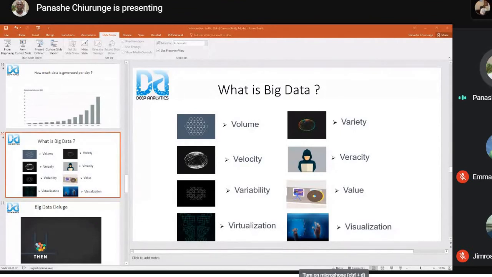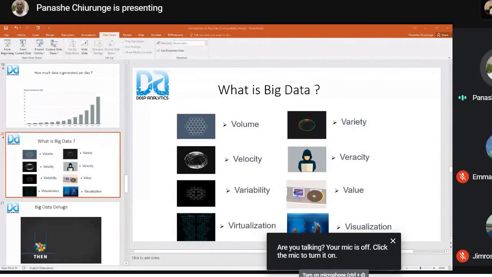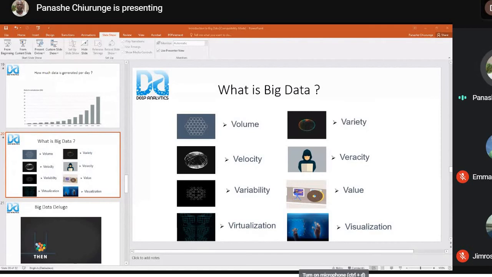And then the seventh V is virtualization. By virtualization, we're looking at the compute and the storage aspect of the data. You guys are using Gmail, right?